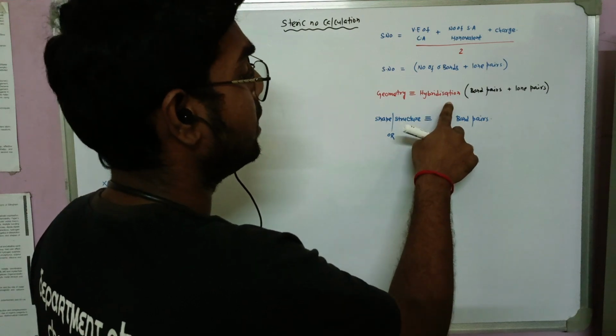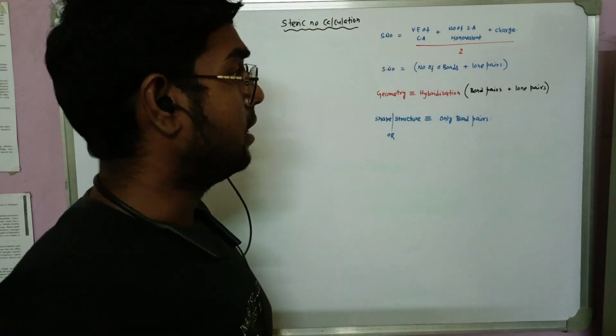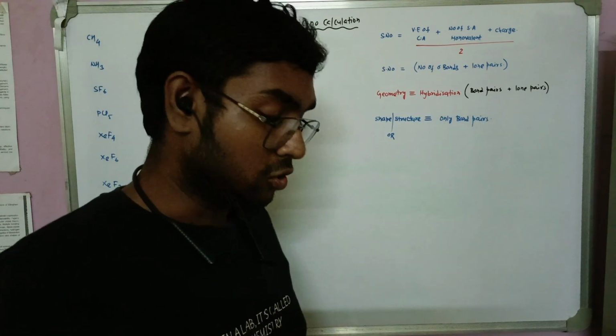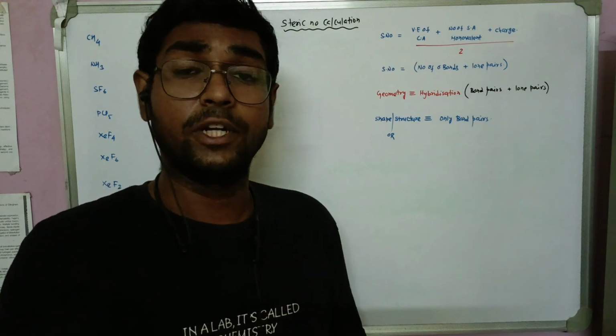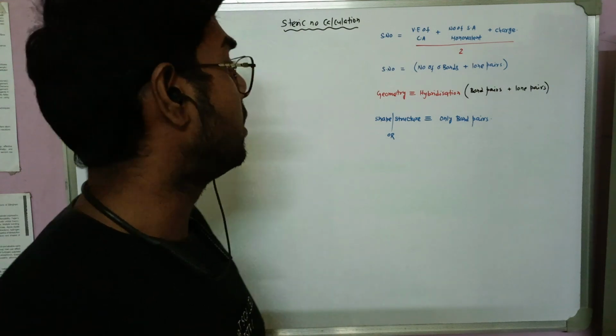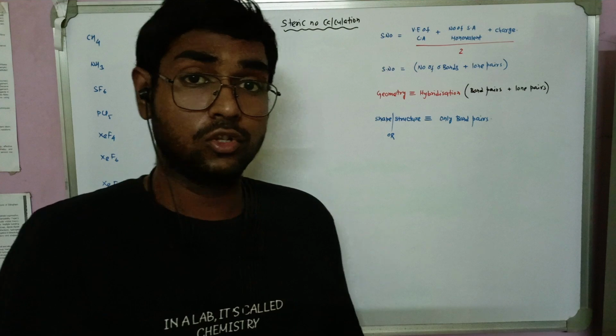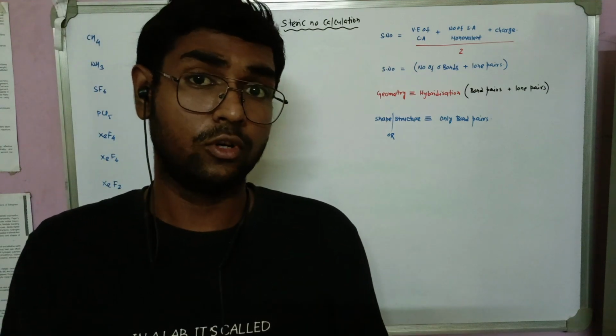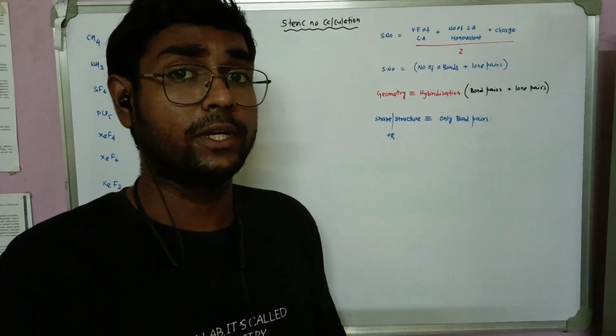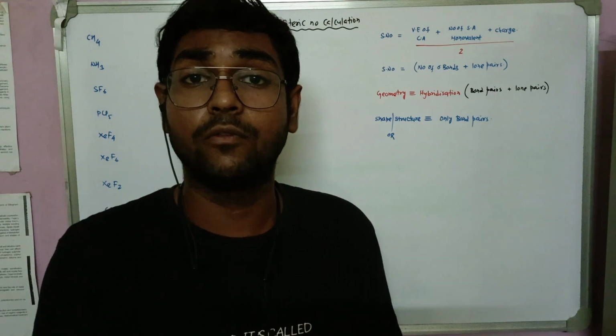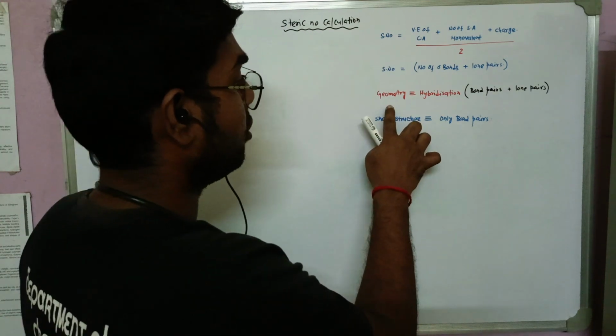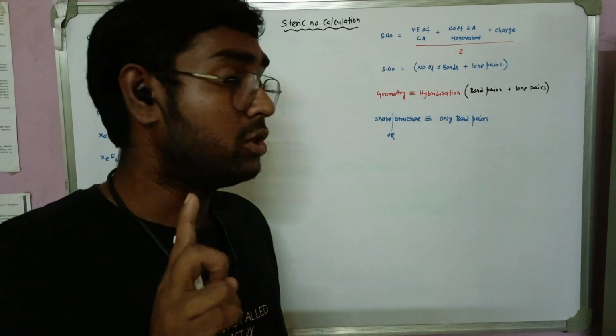Because the steric number formula contains both bond pairs and lone pairs, so we have to consider both in the hybridization formula. And geometry also involves both bond pairs and lone pairs, because we have to consider both in order to get the geometry of a particular molecule. So the geometry depends upon the hybridization.